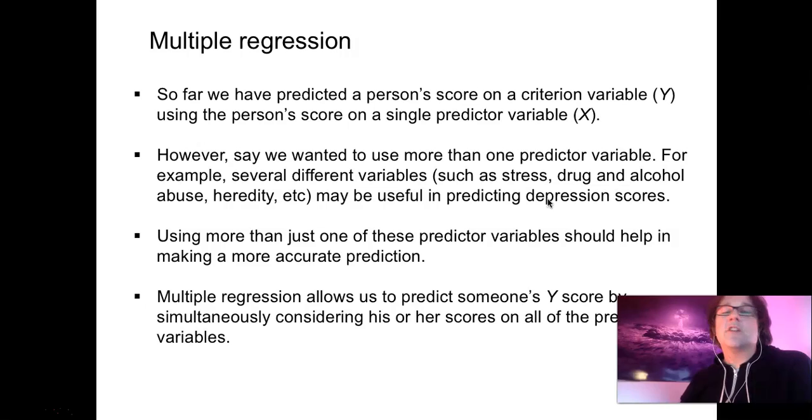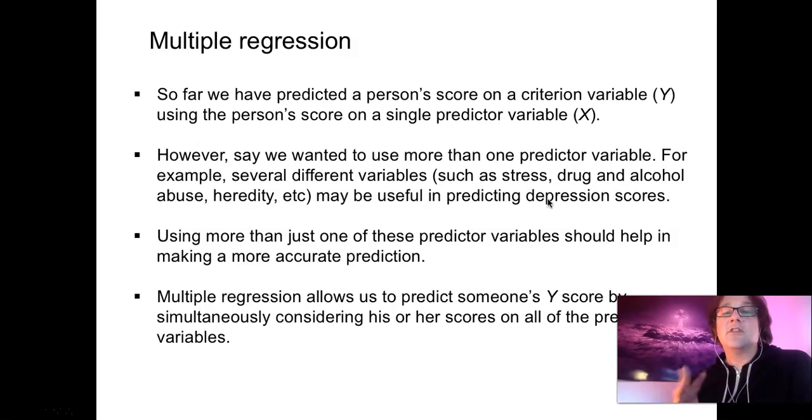So using more than just one of these predictors should theoretically help in making a more accurate prediction, right? So the more predictors, the more information we include in the model, the more accurate our model should be, in theory at least.